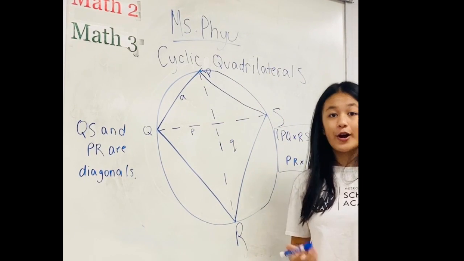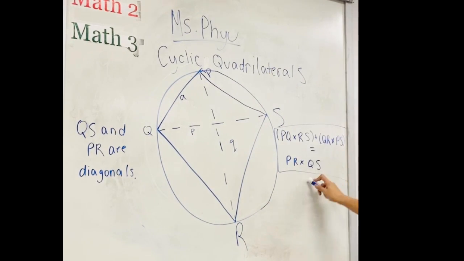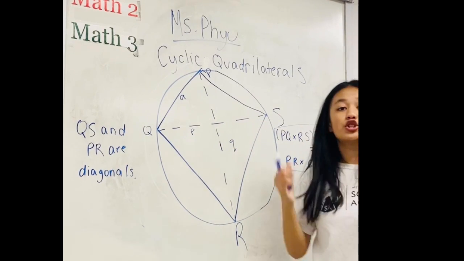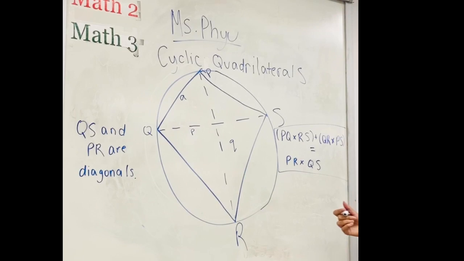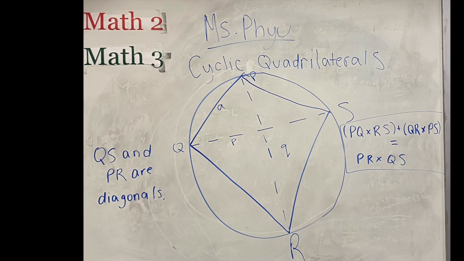Since the diagonals are QS and PR, the equation would be (PQ times RS) plus (QR times PS) equals PR times QS. This is because the sum of the products of its two pairs of opposite sides is equal to the product of its diagonals.